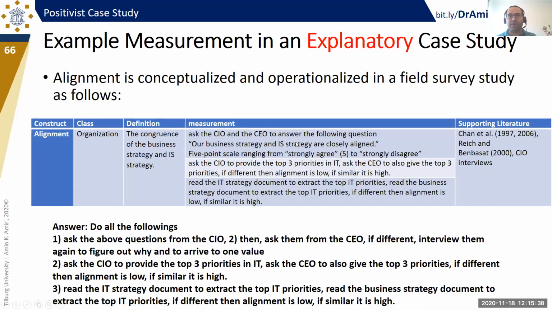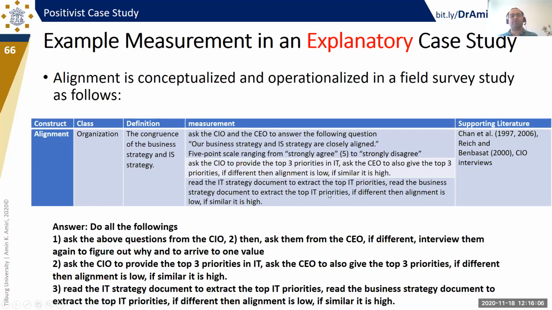So not only do you have quantitative data, you also have a qualitative way with interviews to figure out if the alignment is high or low. You can also read the IT strategy document and extract the top IT priorities. Then you can read the business strategy document, try to extract top IT priorities, and compare them.